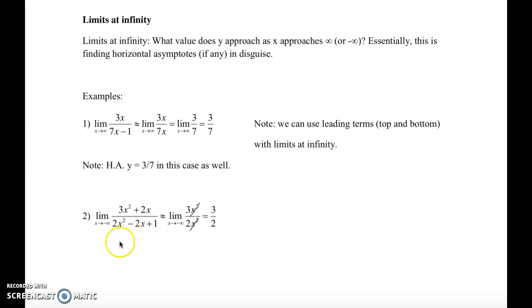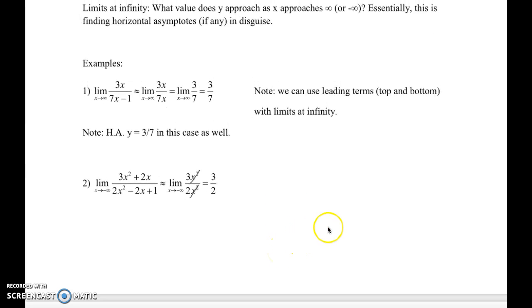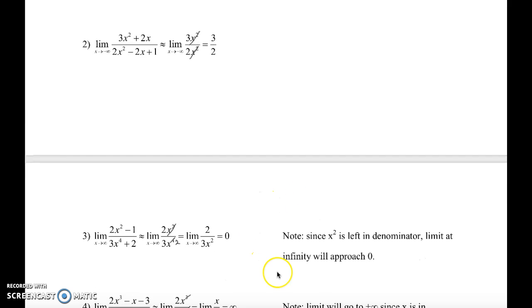Again, the real factors here are just our front numbers where we have both x squared terms. So that's what we're going to look at. As we approach negative infinity, our x squared terms are going to cancel out. And again, we're approaching 3 over 2. So again, as we get smaller and smaller, there has to be an asymptote at 3 over 2.